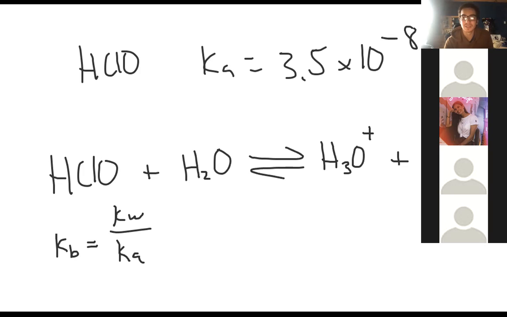Oh, you go ahead. Yeah, it's basically the same thing as we've been doing. Rate constants. In this case, it's the rates at which acids do their stuff and bases do their thing. So yeah.